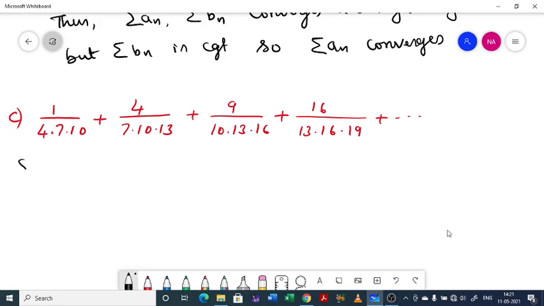Solution. So numerator terms you have 1, 4, 9, 16, that you can guess. I think it is n square.